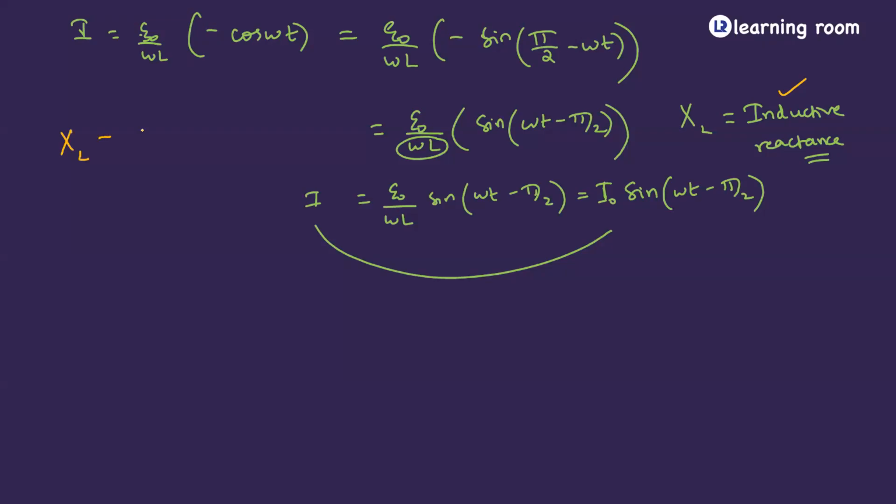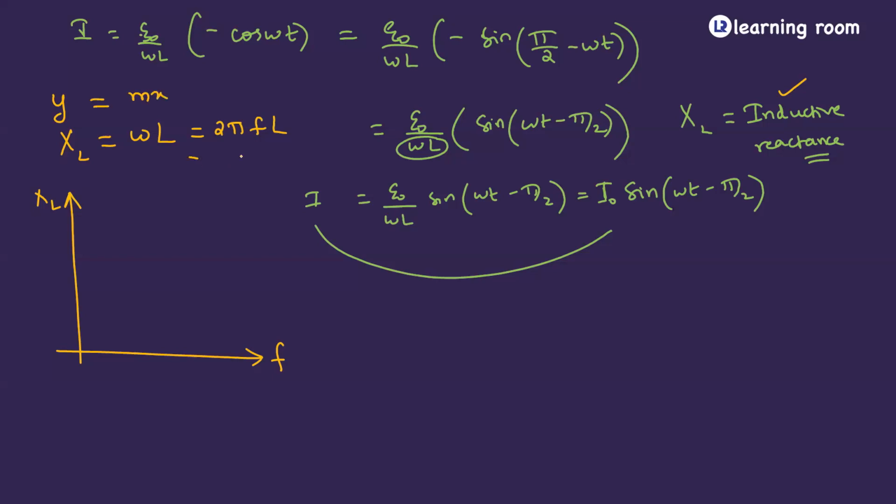XL is equal to omega into L. So omega can also be written as 2 pi into F into L. So if you take XL on the y-axis and F on the x-axis, how are XL and F related to each other? They both are directly proportional to each other. If I take this to be y, this is of the form y is equal to m into x, where m is actually 2 pi L and x is going to be F.